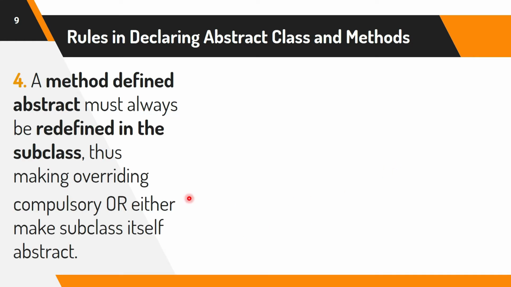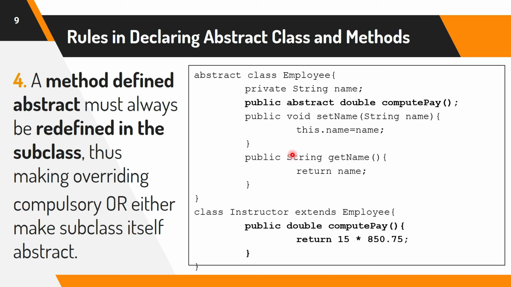So, dito, yung next rule, a method defined abstract must always be redefined in the subclass, thus making overriding compulsory, or either make the subclass itself abstract. So, yung kadidiscuss ko kanina, kung nag-declare tayo ng abstract method sa ating abstract class, we have to make sure that it should be implemented or overridden by the subclass.